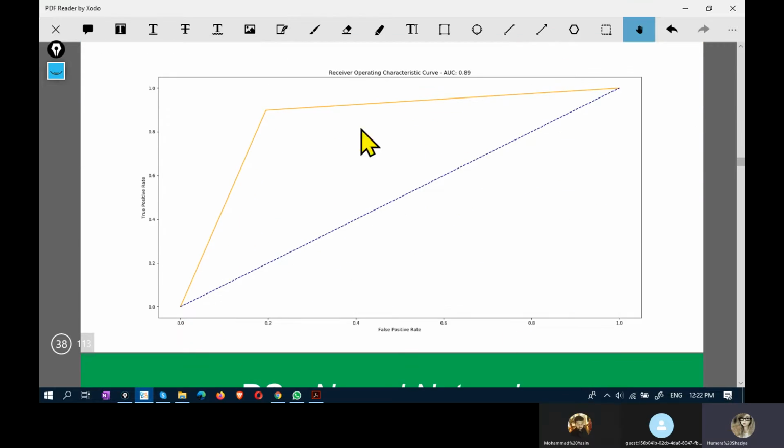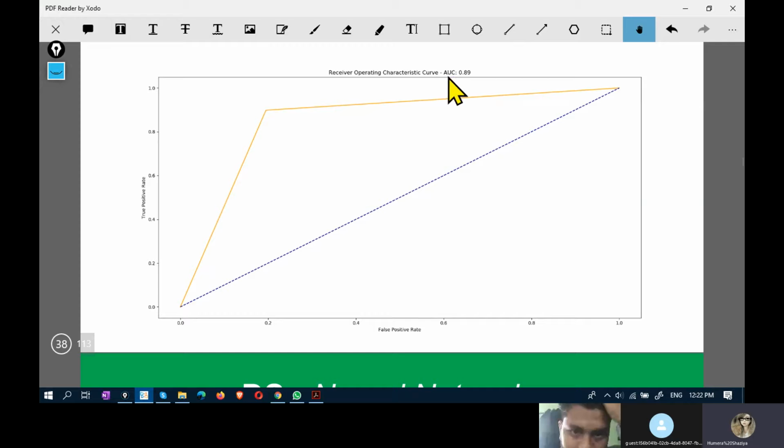And this is known as the AUC curve, area under ROC. ROC is receiver operating characteristic. Here on the x-axis you put false positive rate and here you put true positive rate.